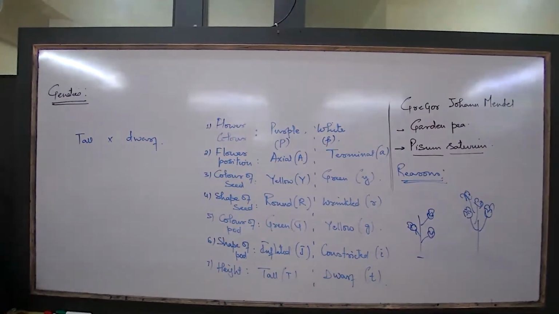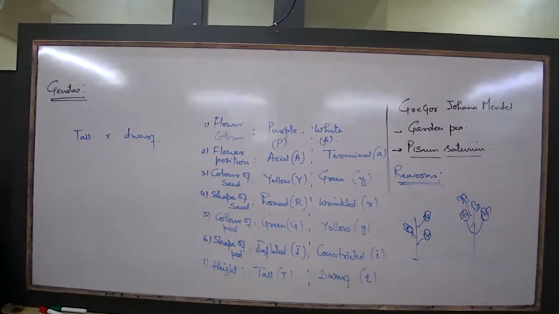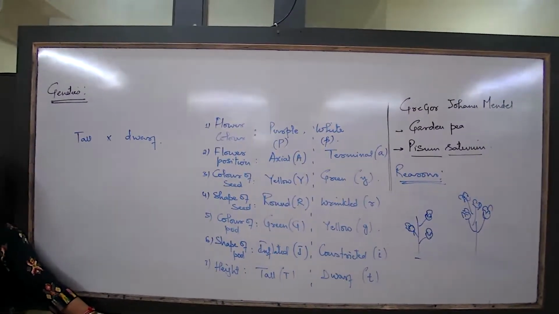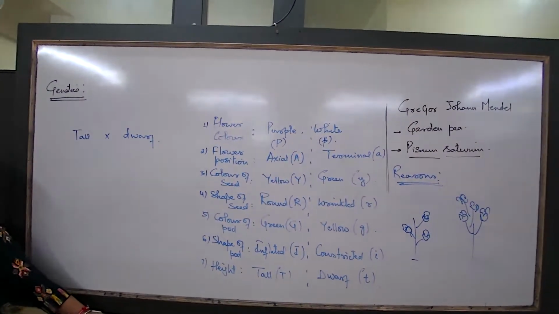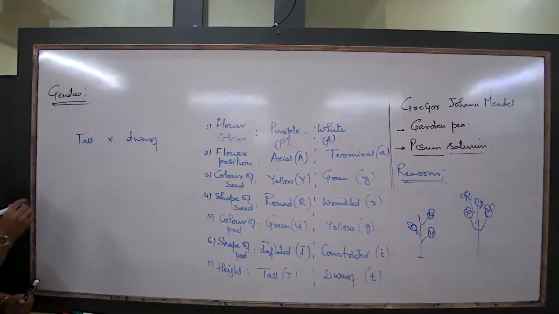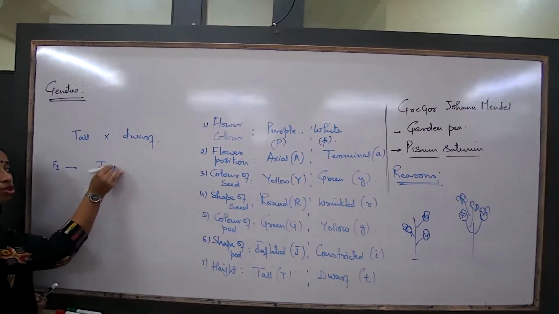Whenever he had grown the tall and the dwarf plants nearby, he saw that every time the next generation plants were exhibiting characteristics of only one plant, not both. Meaning, the next generation plants, every time he saw, were tall.